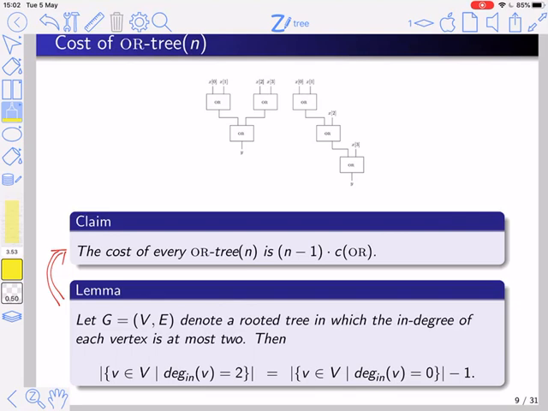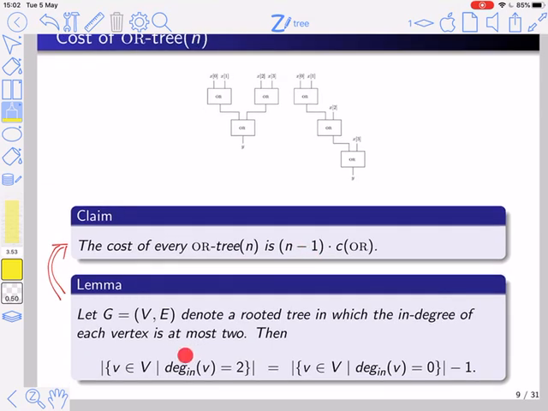So let's try to understand why the lemma implies the claim. Okay, so what is the number of sources or inputs in the tree? It will be n. So the right-hand side over here equals n minus 1. And this is what you see over here. What will the left-hand side of the equality signify?